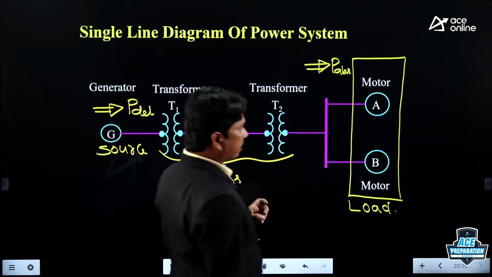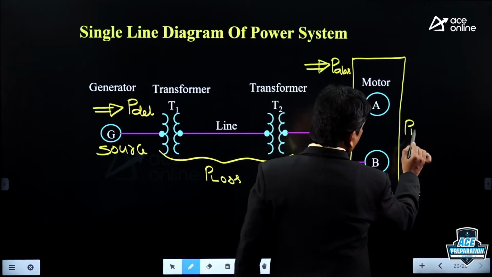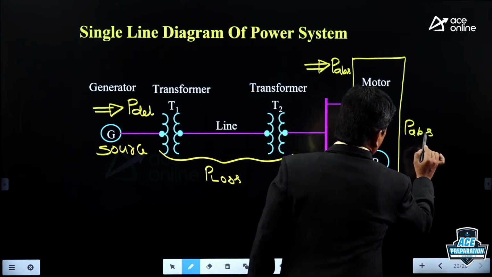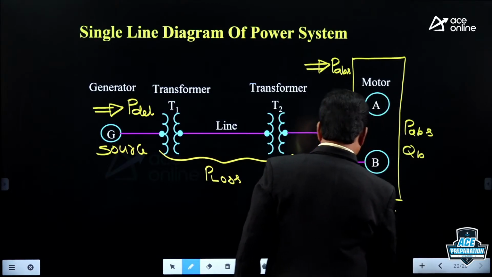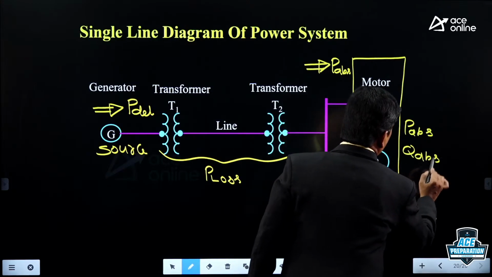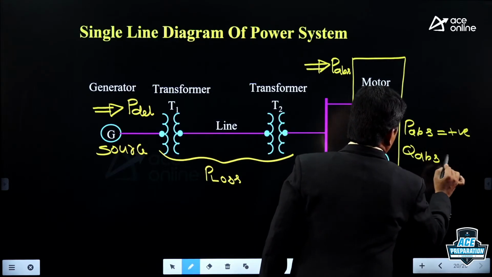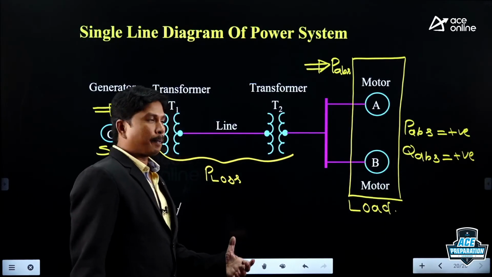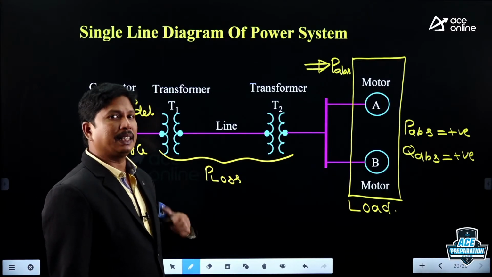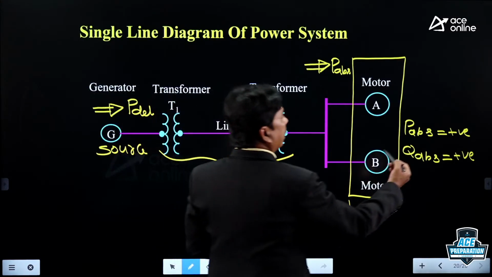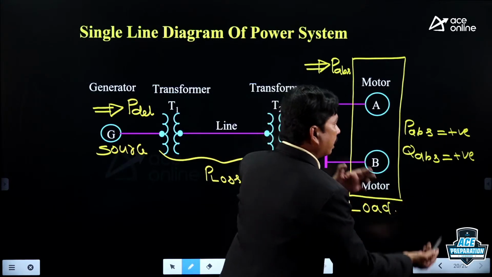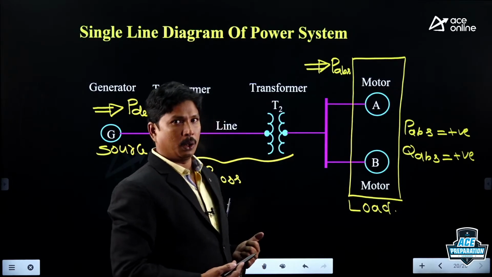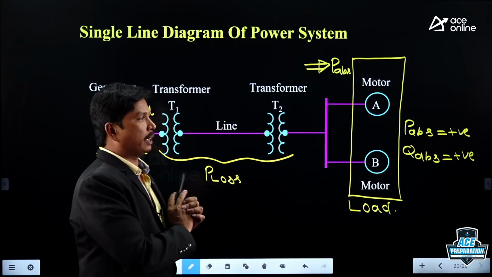So the load takes both active power absorption and reactive power absorption also, based on the requirement. Suppose you have a synchronous motor which is over excited, that is going to absorb negative reactive power, so that the reactive power can be sent back into the transmission system or to the local loads also. Clear? Based on the situation we have to discuss that.